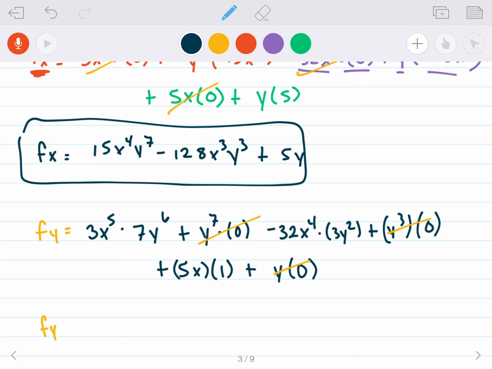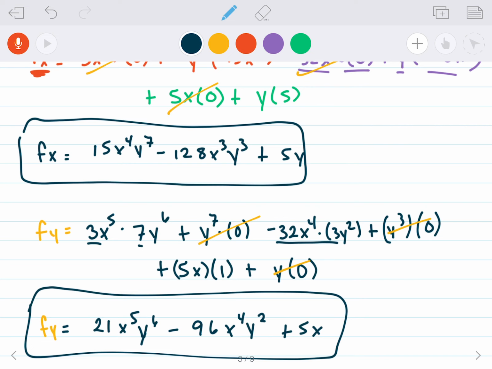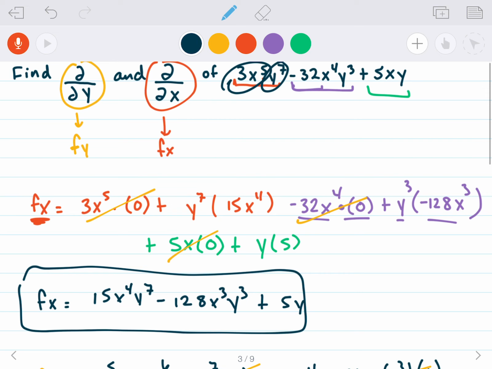So the partial derivative with respect to y is going to be, let's see, we have 21x to the 5th, right, 3 times 7, y to the 6th, minus 96x to the 4th, y squared, and finally plus 5x. So this is our partial derivative with respect to y of this function.